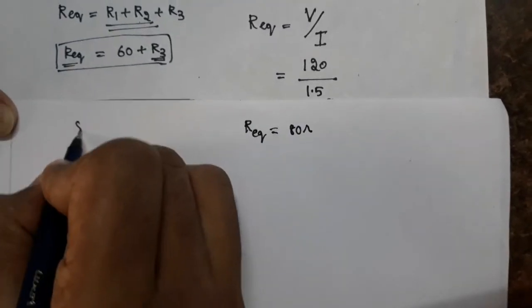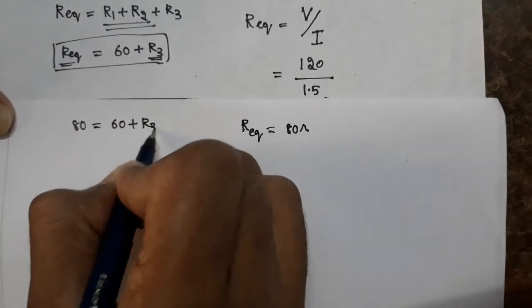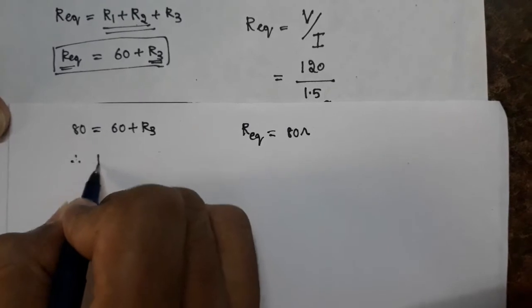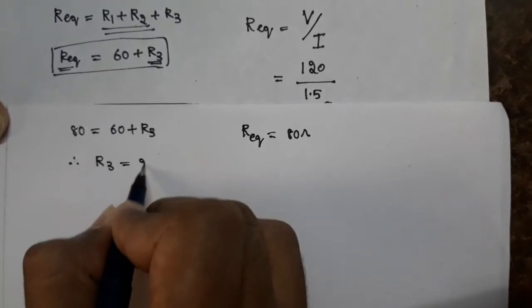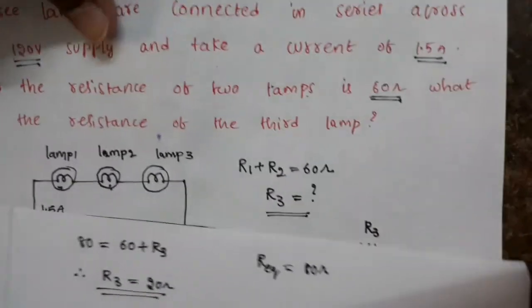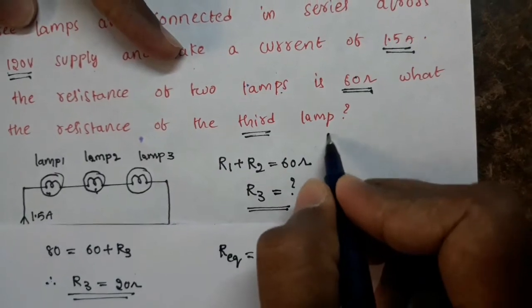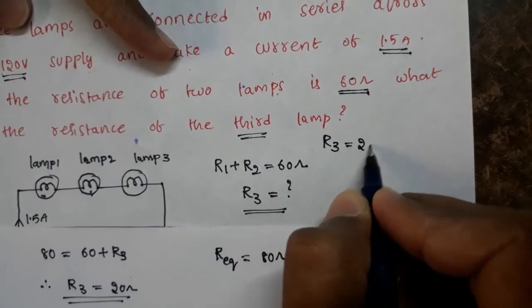So from this, 80 equal to 60 plus R3. Therefore R3 equal to 20 ohms. We have found the resistance of lamp 3: R3 equal to 20 ohms.